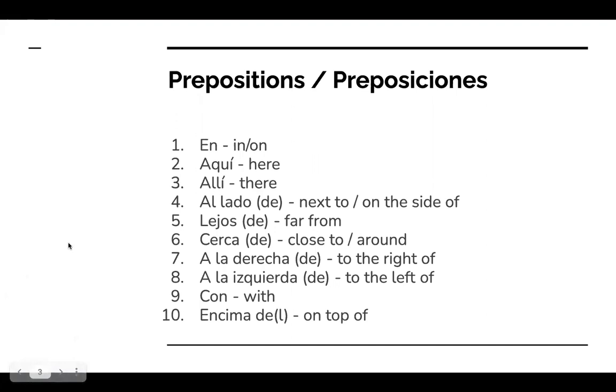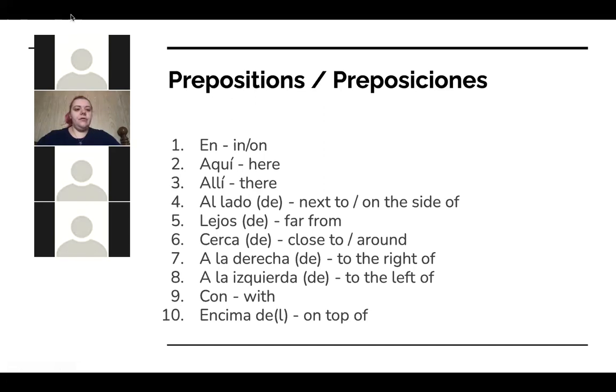So just to start going over the prepositions that we learned the other week, we have en, which is in or on something. Aquí is here. Allí is there. Al lado de is next to or on the side of. Lejos de is far from.